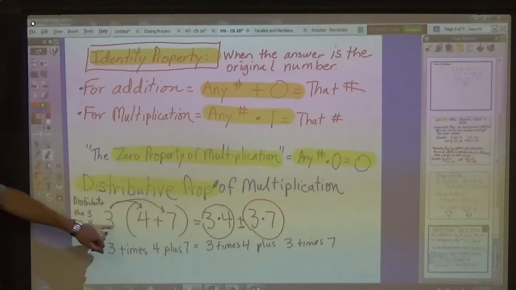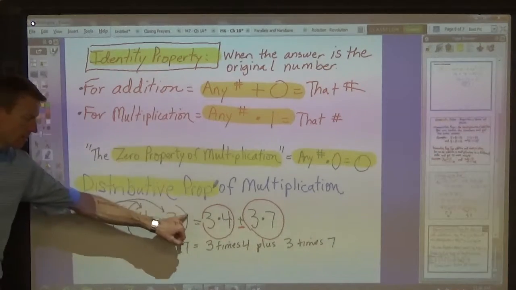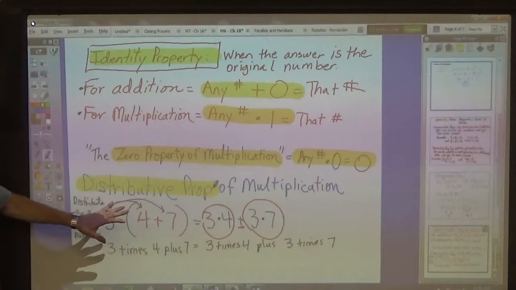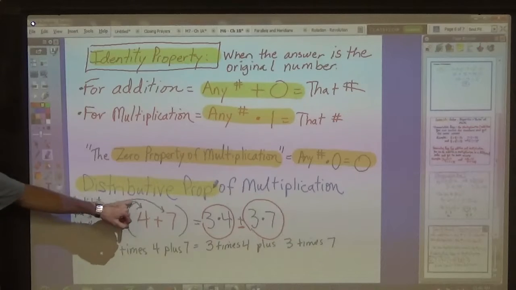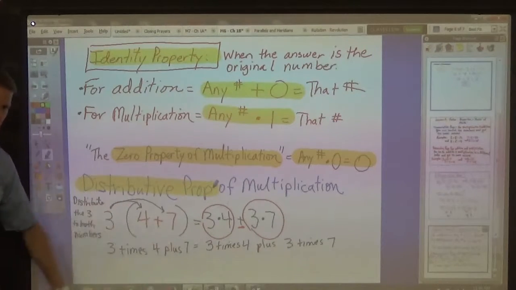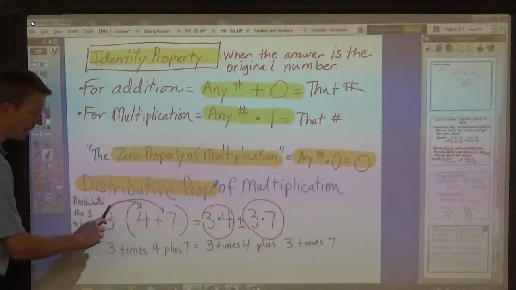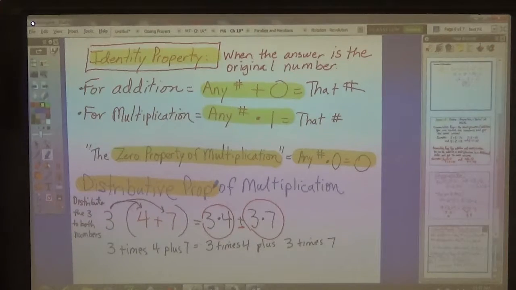So it looks like this. When there's a number outside of the parentheses, what we do with it is we multiply it by each number inside the parentheses.